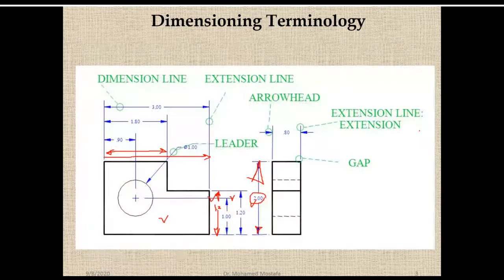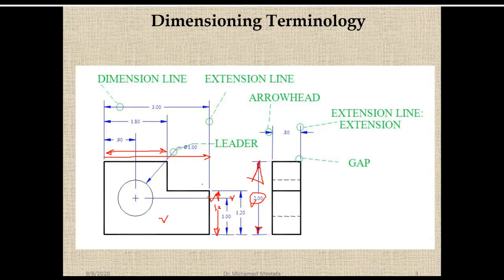Okay. Now it's time to speak about the dimensions. First of all, before I speak about the dimension, we have to get acquainted with the terminologies. Yani, for example, that line which extends from that corner and goes all the way up is called the extension line. And for each drawing, you should have two extension lines, one on the left, one on the right, or one on the top and one on the bottom.